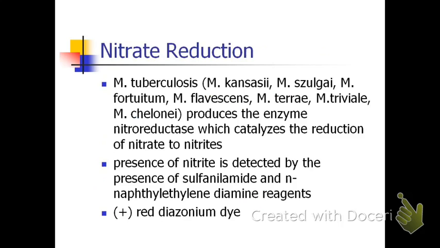This nitroreductase enzyme is detected in the presence of sulfanilamide and naphthylethylenediamine reagents. So we have a tongue twister here. A positive result here is the presence of the red diazonium dye.